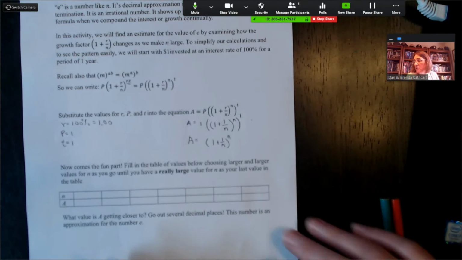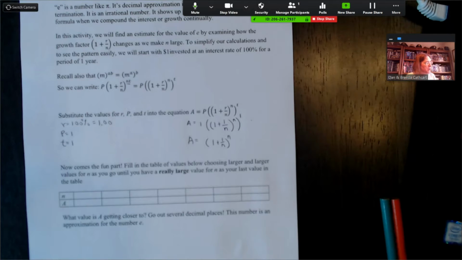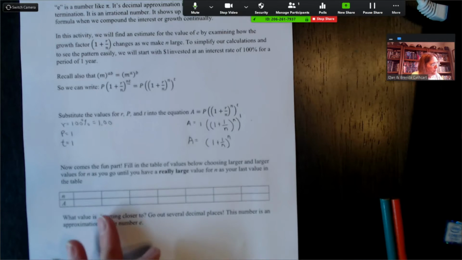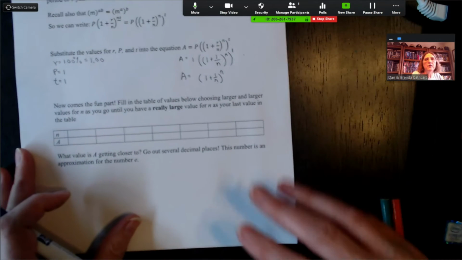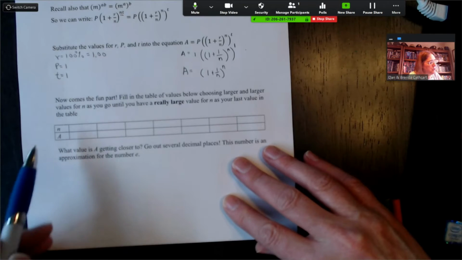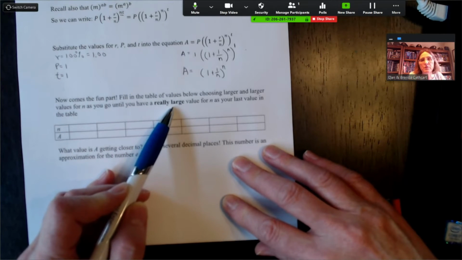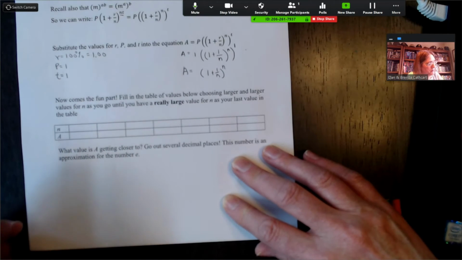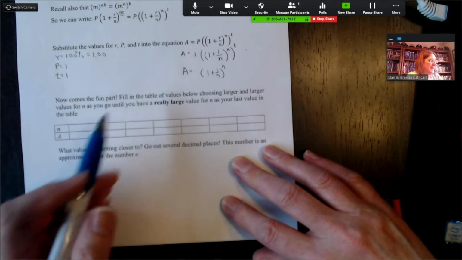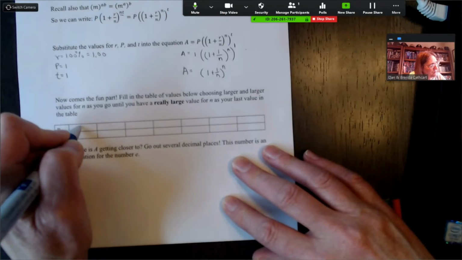Let's take a look at some of those values, and we might need our calculator for that, so let's go ahead and pull that out if we have it. We're going to fill in the table of values below, and we're going to choose larger and larger values of n until we get a really large number for n as the last value in the table. So n equal to 1, that's not very interesting.